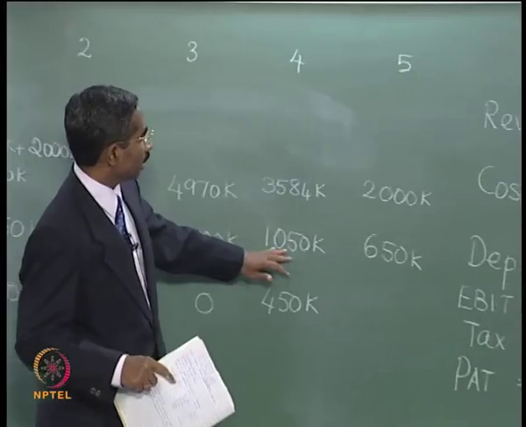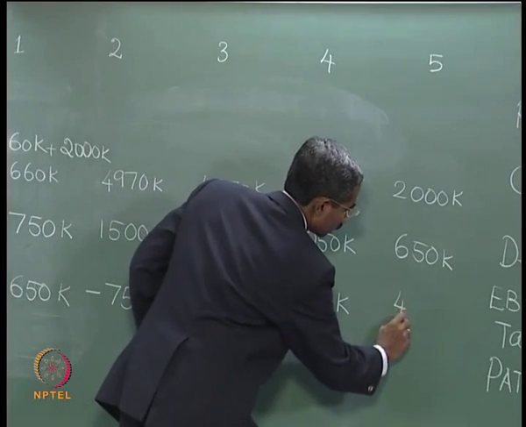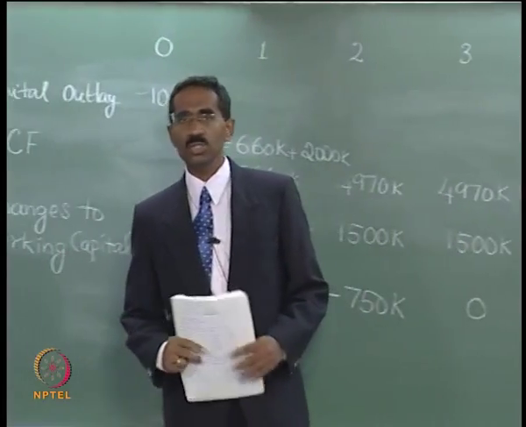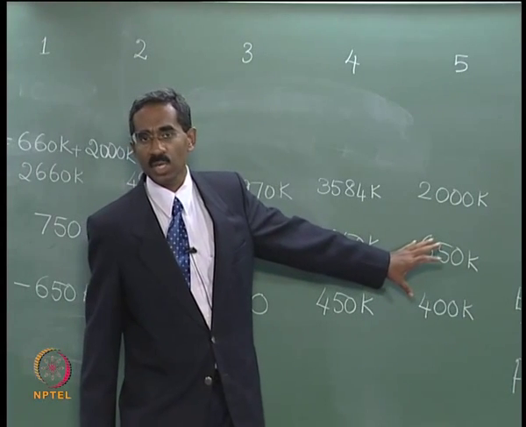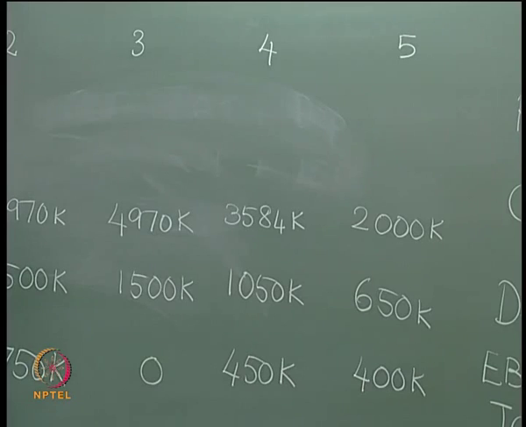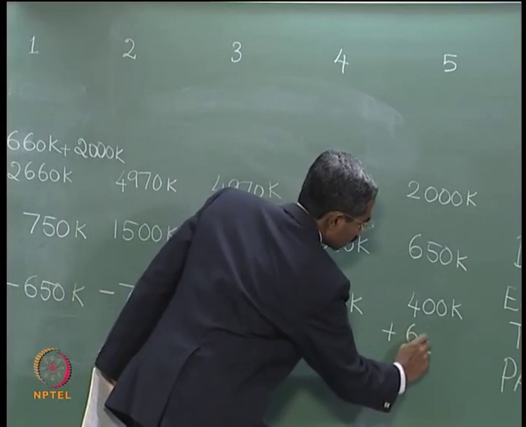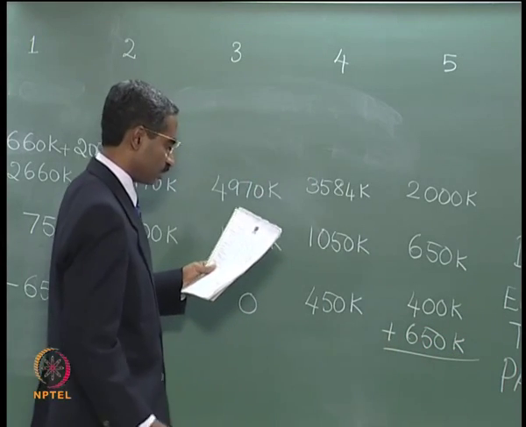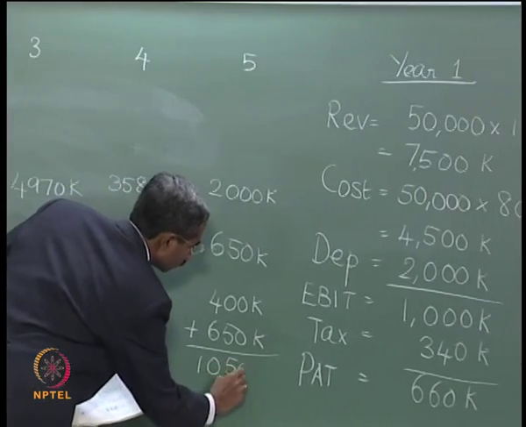And in year 5 there is a reduction in working capital, which is your 400k, and we also assume that upon project termination the entire working capital will be liquidated, and then it will have to be treated as a cash inflow upon project termination. So therefore in year 5 the change in working capital will be 450,000 plus 650, and this will be 1050.